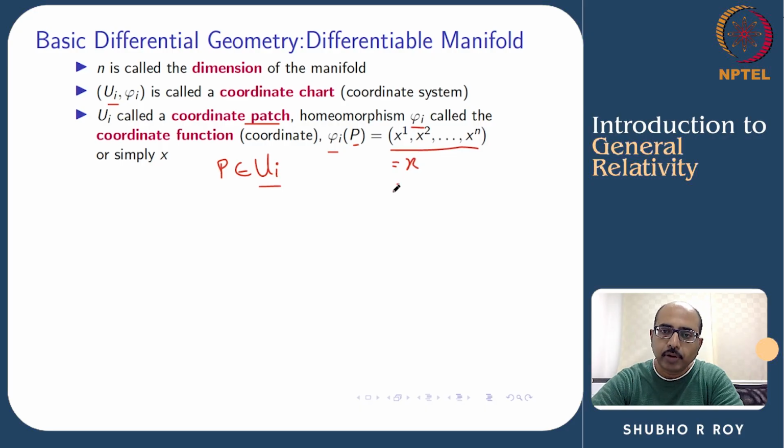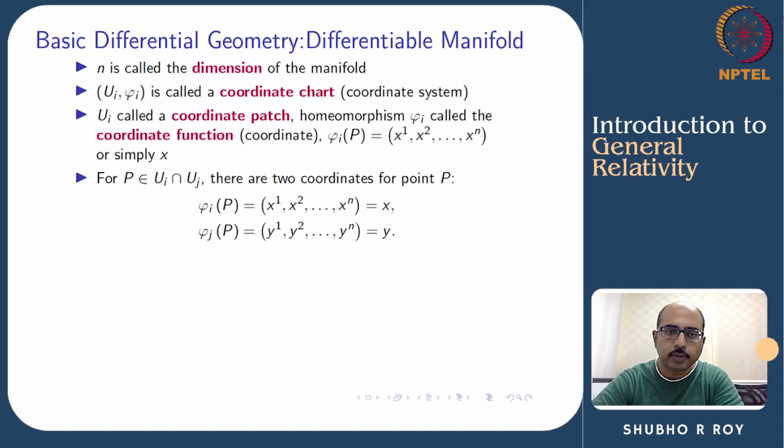And sometimes I will also use the set builder notation, in which the component of x is denoted by this abstract index notation, x mu in curly brackets, which means it's a list, where mu takes values from 1 to n. All right. So coordinate patch, coordinate function, or simply coordinate. These terms you should learn.